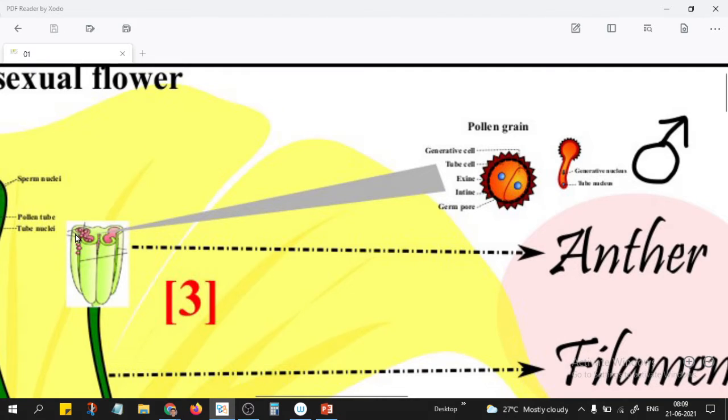Below that is the style, and the structure over here, which is having all the ovules in it, is called the ovary. Okay, so inside the ovary we can see these are the ovules. Ovules are nothing but the eggs. Okay, so together this whole structure is known as the pistil or carpel.